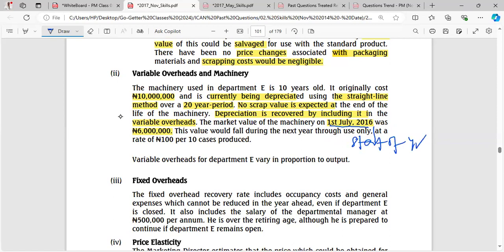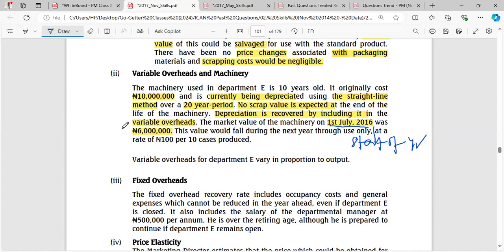At the start of the year, the value of the machine is 6 million. So that means the market value is 6 million.